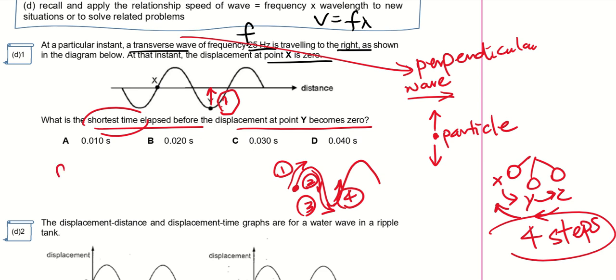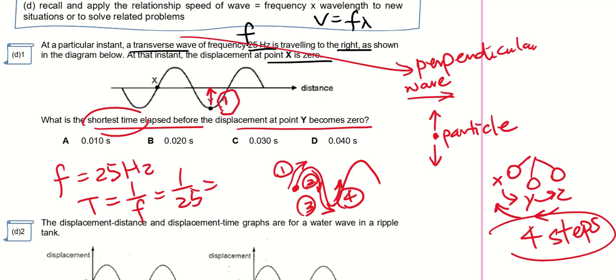We have frequency of 25 Hz. With this I can find period, because period is 1 over frequency, so it's 1 over 25. So I'll get a value of 0.04 seconds.